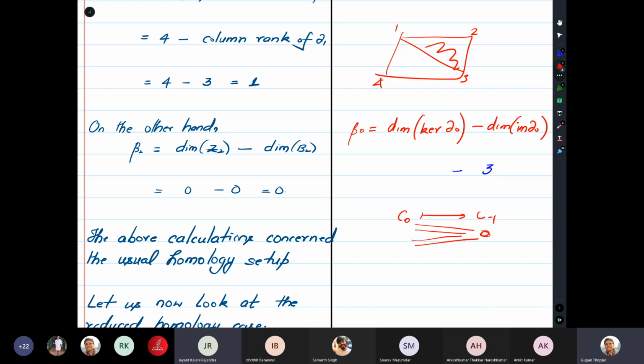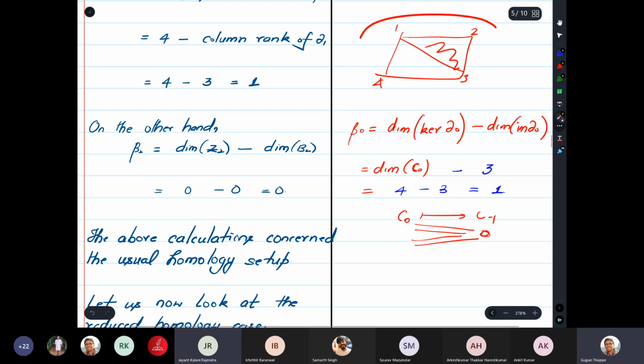So the kernel of ∂0 is precisely the dimension of C0, and we know that the dimension of C0 is the number of vertices. So this is 4 minus 3, and this is 1. And we can see that beta 0 actually turns out to be 1 in the usual homology case.